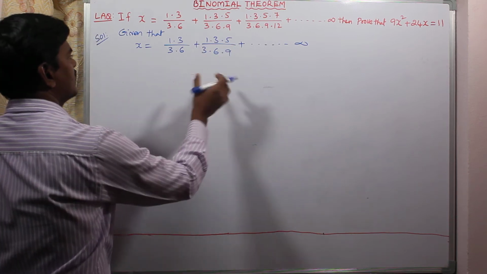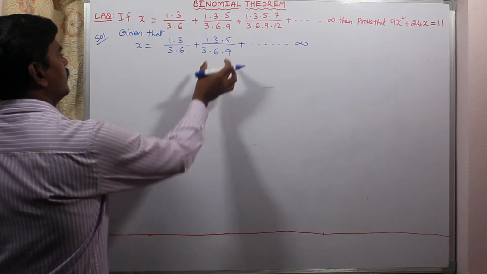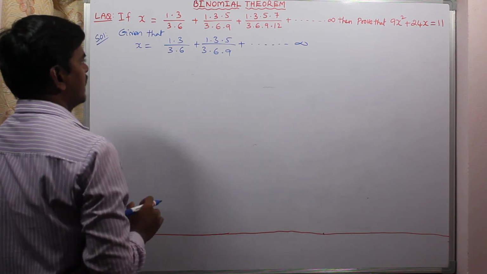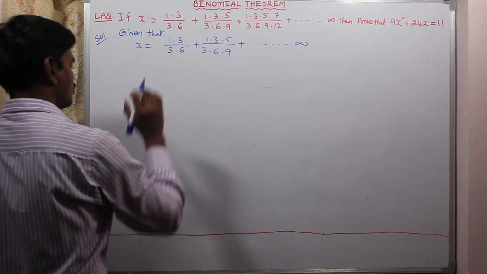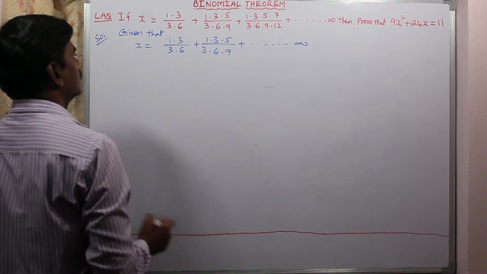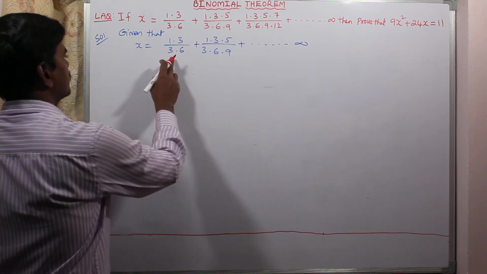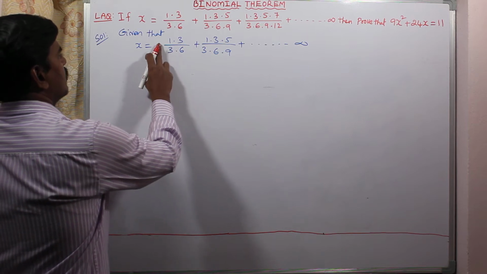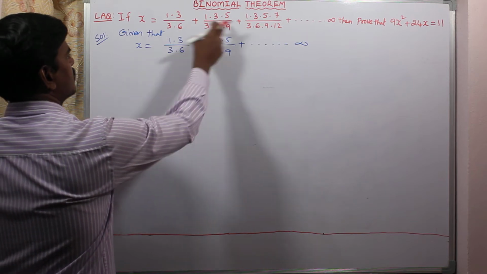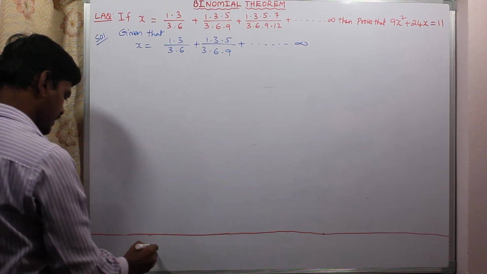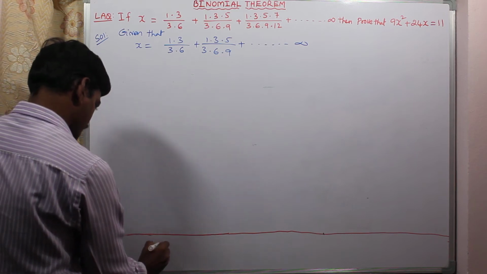So this infinite series can be converted to binomial with a rational index. So what is the suitable formula? Let us remind one formula here for infinite series. When I see the plus between the terms, we have plus given now. So I need to remind this formula.